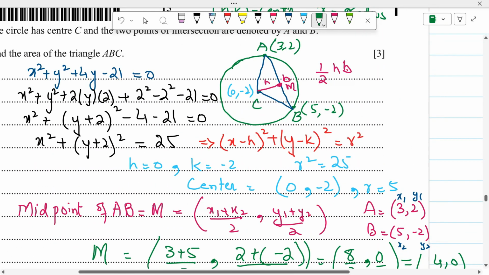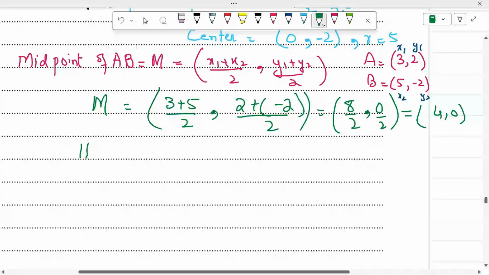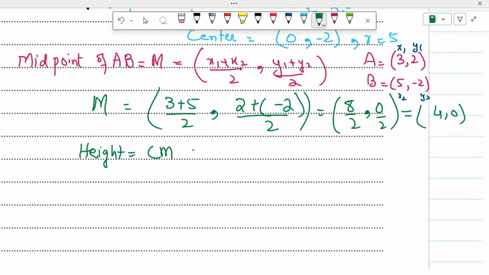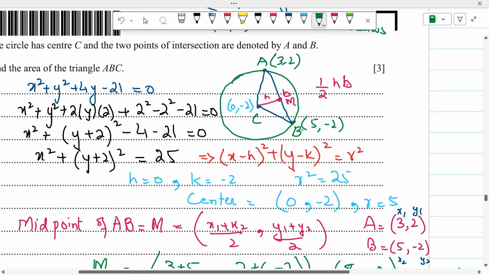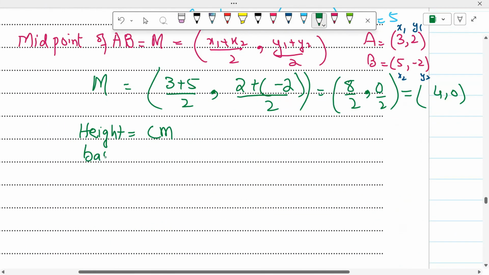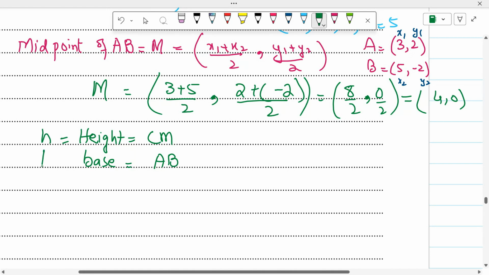So the height is C to M. Height is CM, and the base is AB. This one is height, this one is base.